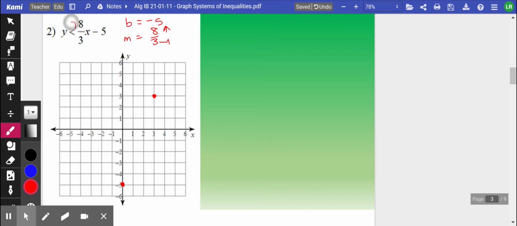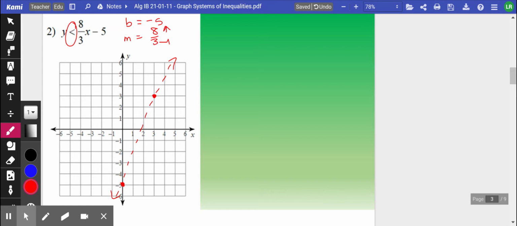So I have to look at my inequality sign. Which would that be? Dotted or solid? Dotted line. So make sure you're making a dotted line. And then this is y is less than. Where would I shade? Up or down? Going down. So the question sometimes is, well, Mr. Long, what side is the downside?